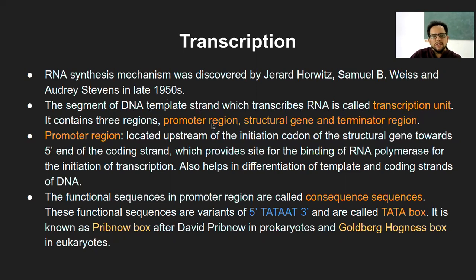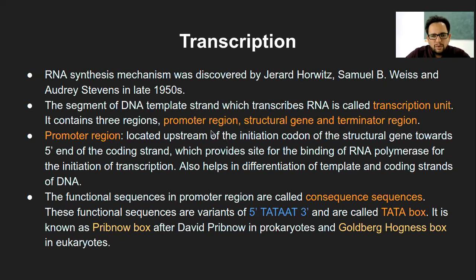The promoter region is where all the machinery or protein complexes will go and bind. They will start the transcription process. The structural gene is the one which actually has the main protein coding information, and the terminator will say, okay, now the transcription has to stop.